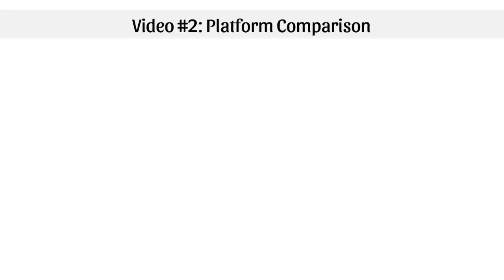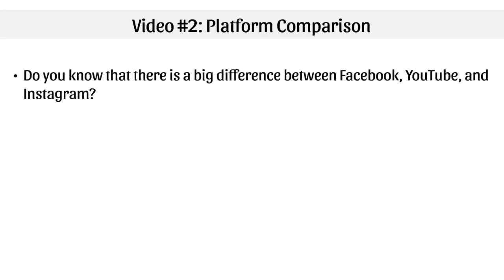So welcome back to video number 2, which is platform comparisons. And the reason why this is so important is because the reason why most people fail at specific social platforms is they enter that platform thinking that they can use what they do on Facebook on Instagram, or what they do on YouTube on Instagram.